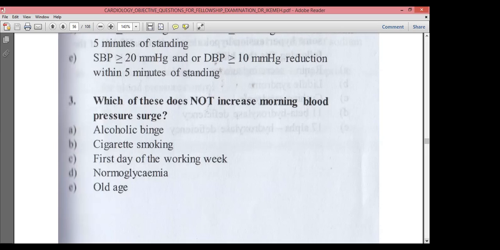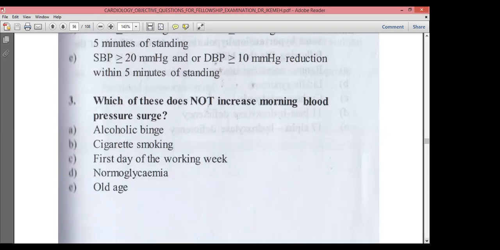Other risk factors include age, hypertension, glucose abnormality, metabolic syndrome. Then some behaviors like alcohol, smoking, stress. That's why the first day of the working week, Monday, is usually associated with stress. Then physical activity in the morning, poor sleep, and nocturnal hypoxia, maybe people who have obstructive sleep apnea, will affect morning surge.